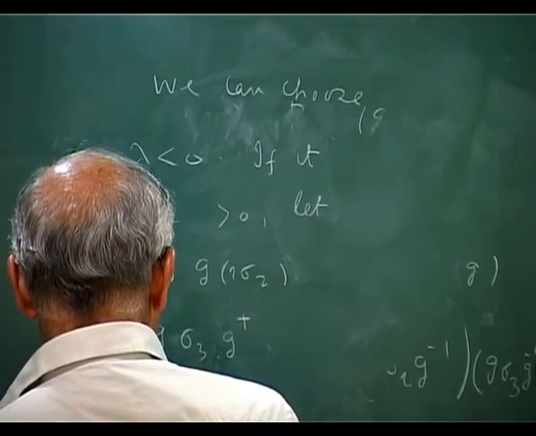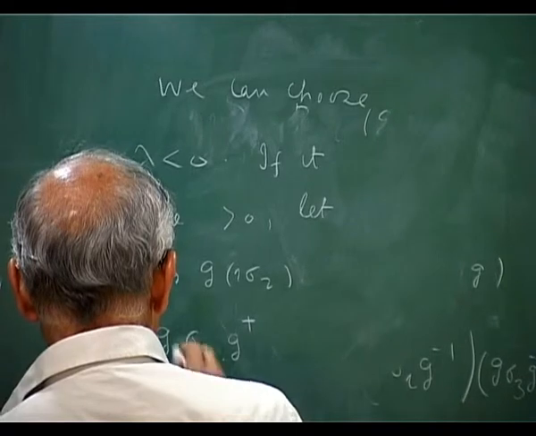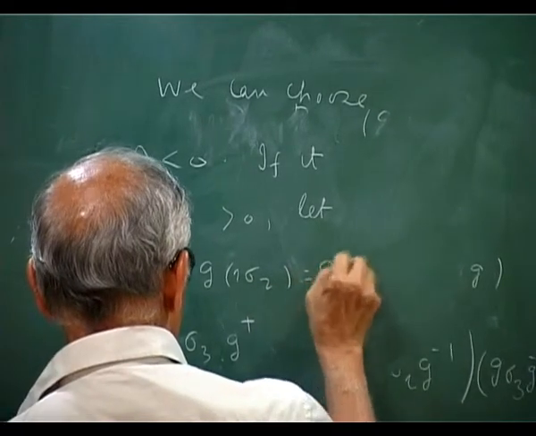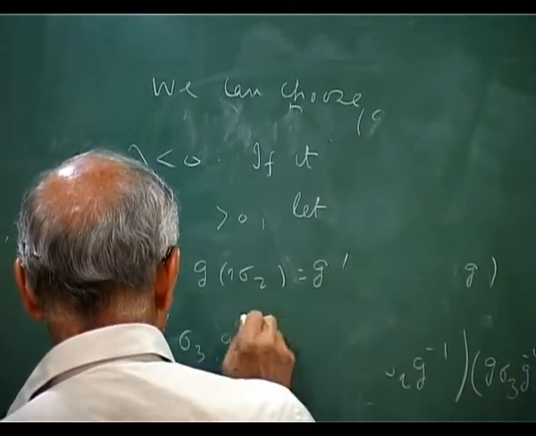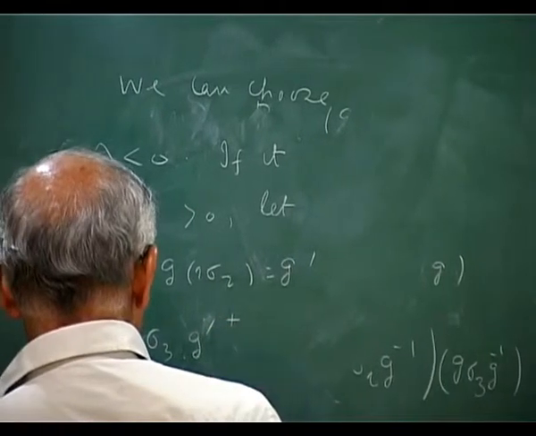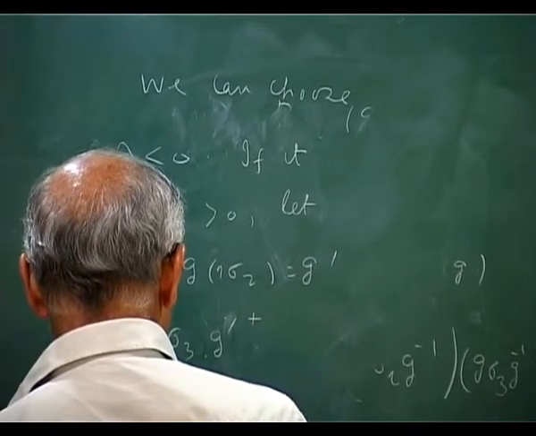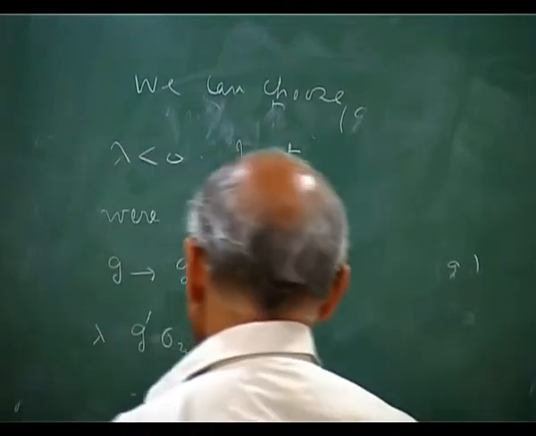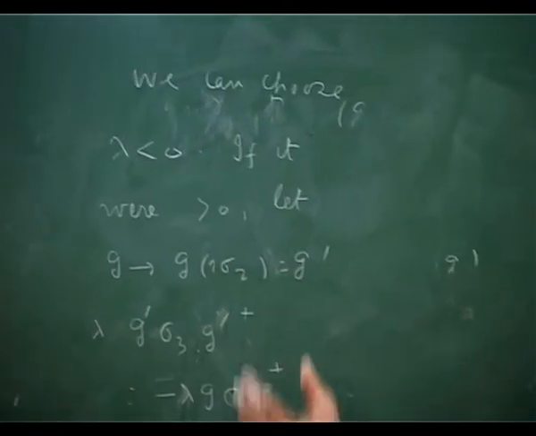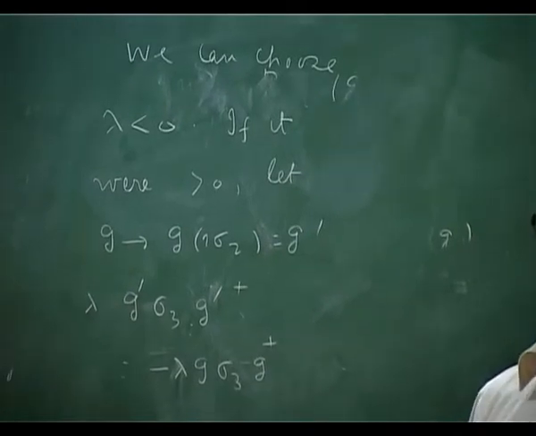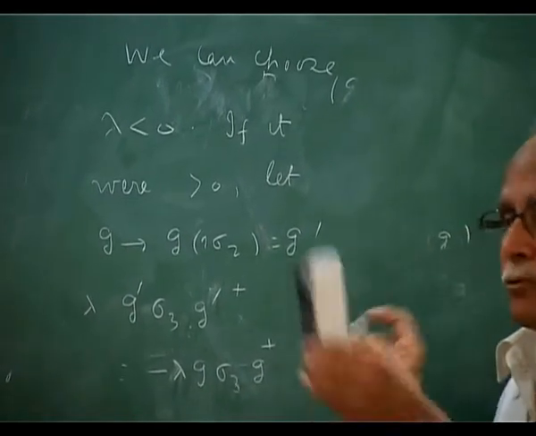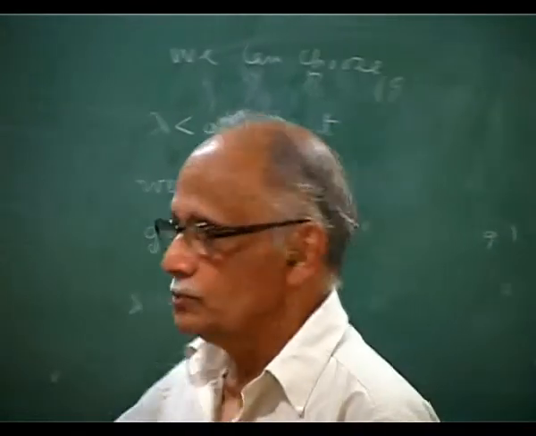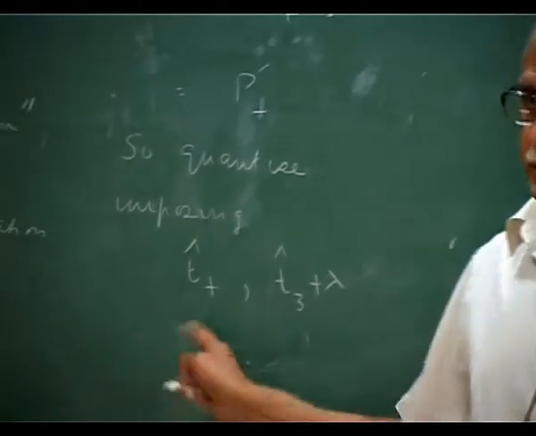It would be minus lambda G sigma 3 G dagger. So I can flip by just a simple redefinition. Say convention. If you don't want to do this, I would have to use T hat minus here. You don't have a choice in this.